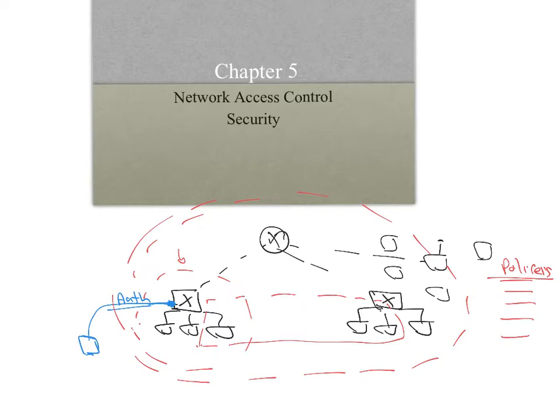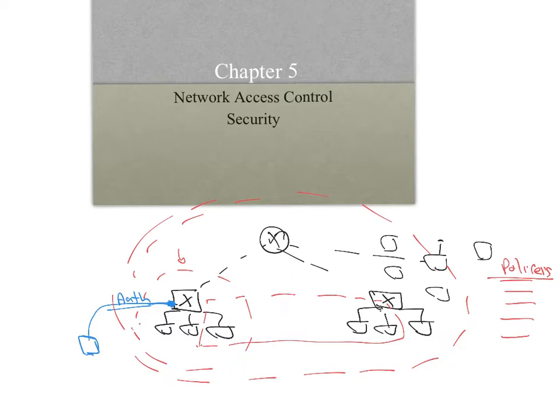But one of the policies says that if your password has not been updated or something like this, then you cannot have access to the network. Or your physical MAC address on this port does not have access to the physical network. Or if your antivirus is not updated, you don't have access, and so on.